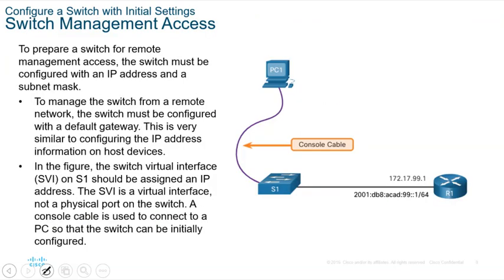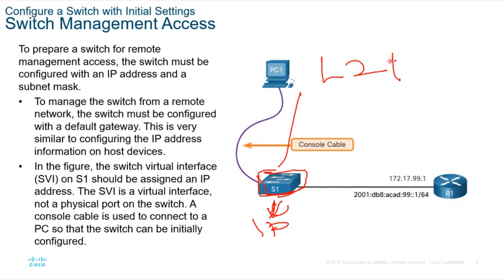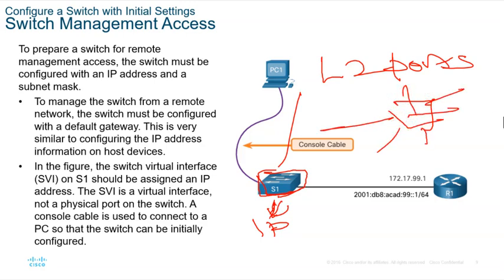Switch management access: if you want to manage the switch, because ideally when you look at this switch here, the ports available here will not actually allow you to assign an IP address on this device. The ports here are layer 2 ports, just switching frames, receiving and then forwarding to the destination.